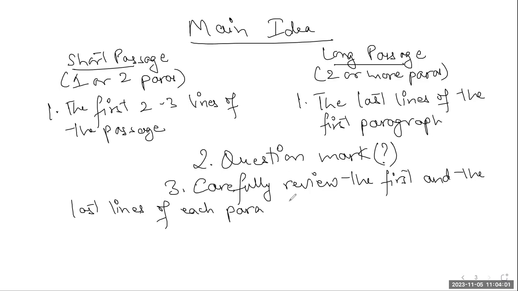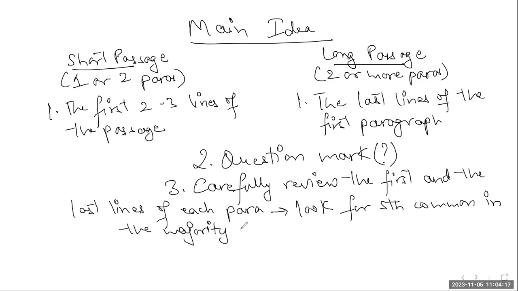What will you do? When you are reading the first and the last lines of each paragraph, look for something which is common in the majority of the lines. Right?